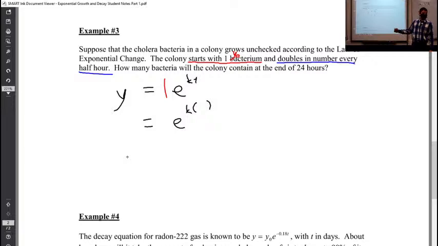how much there is after how much time. 30 minutes or a half hour. This is going to go in hours, so when t equals 1/2, how much is there? It started with 1, and then it doubled. So now it's 2.